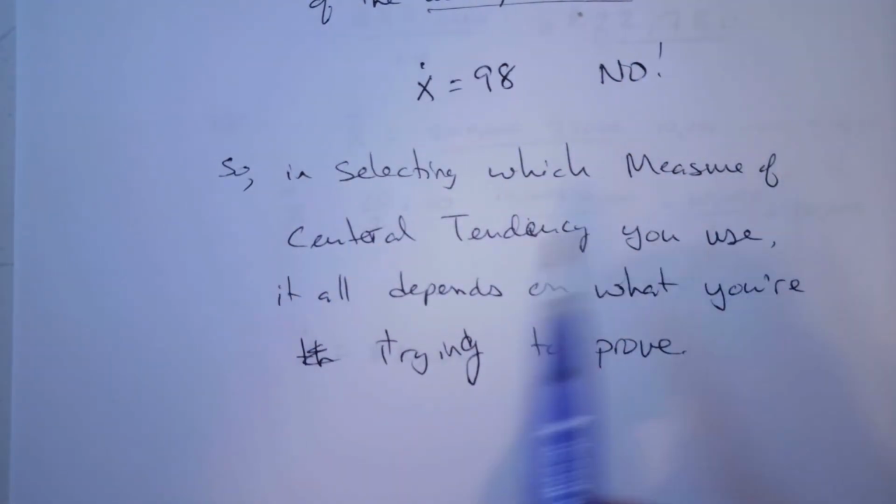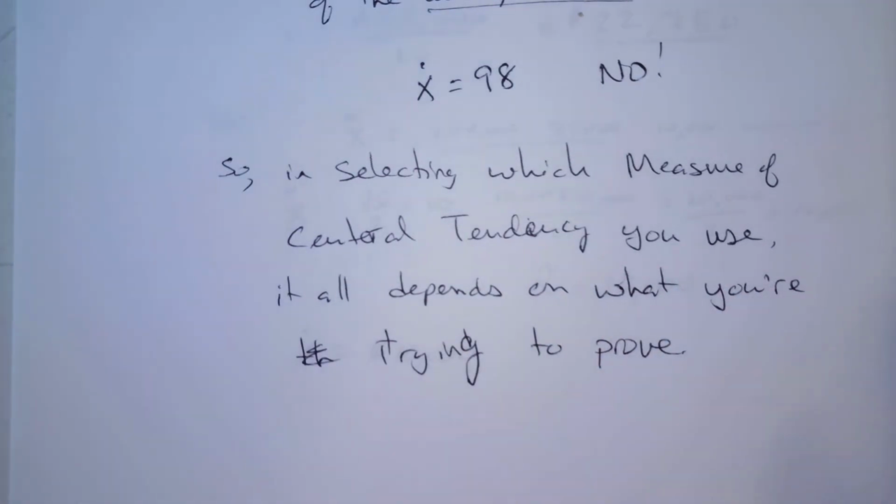So when selecting a measure of central tendency, it all depends on what you're trying to prove. Mode is good for one, median is good for another. So be very careful with that.